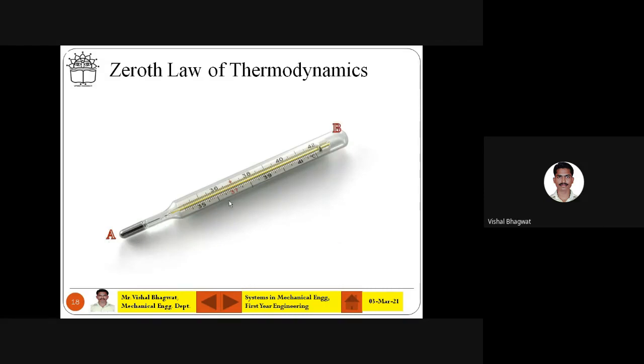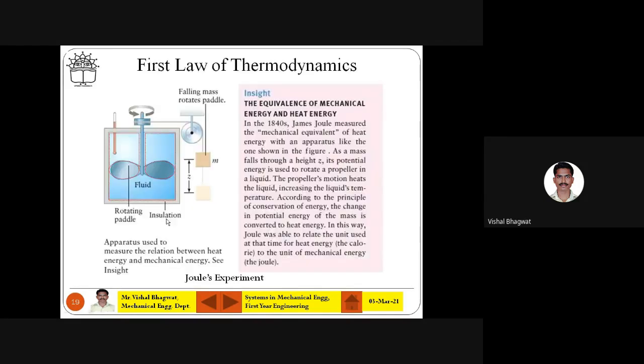Then it is transferred to the glass, and the mercury gets the heat transfer, and it will show the reading. So there are different bodies, but when those are in thermal equilibrium, all bodies will show the same temperature. That is the meaning of thermal equilibrium and the Zeroth law of thermodynamics. I hope you understood it.